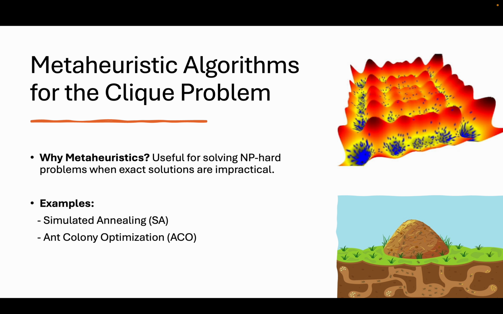When ants find a good solution, they leave a scent called the pheromone to mark the path. Other ants are more likely to follow stronger paths. So over time, the algorithm focuses on the best solution as more ants follow the best paths. This method helps find good solutions to tough problems like the clique problem.